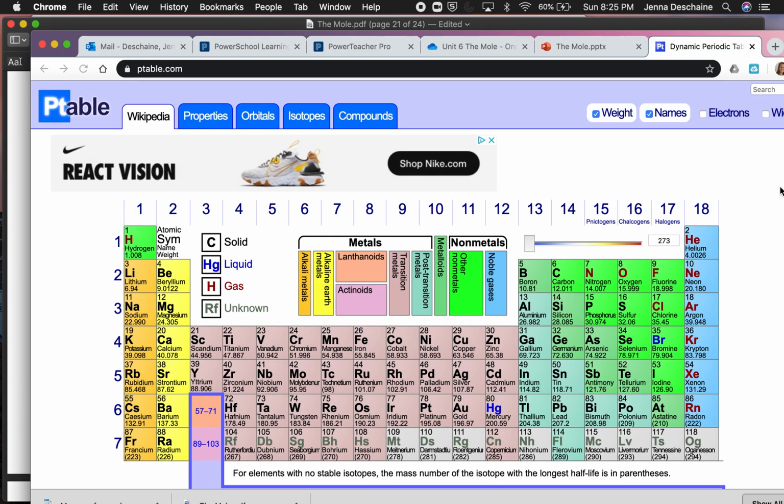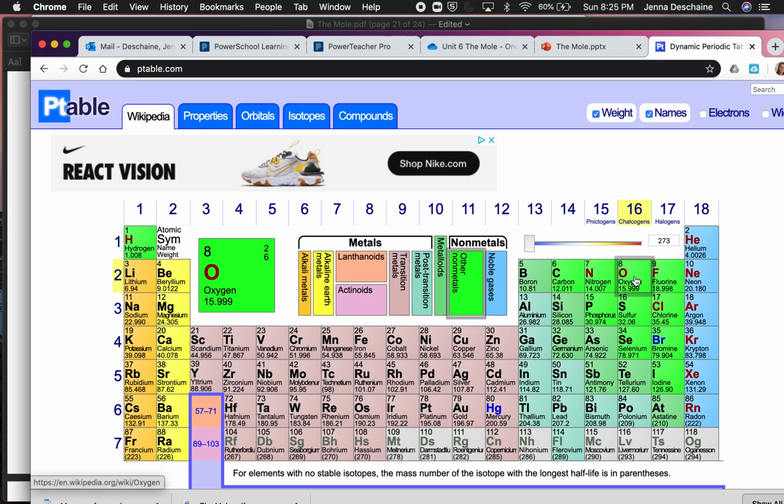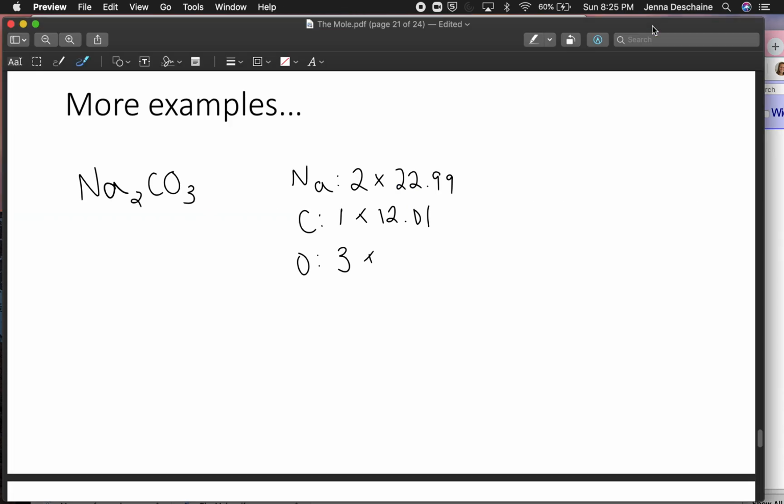And then oxygen is, I'm going to round up to 16. All right, I should have done that with sodium, but I didn't. Say 16.00. Okay, so I'm going to do some quick calculations.